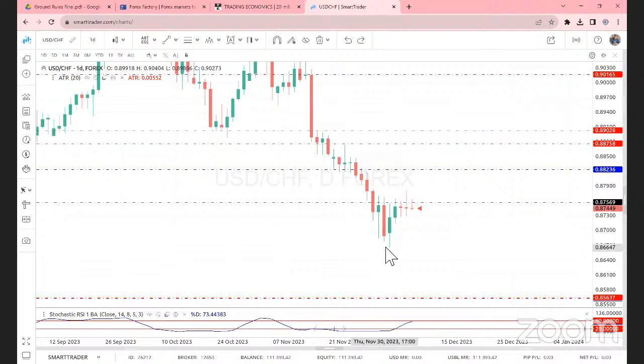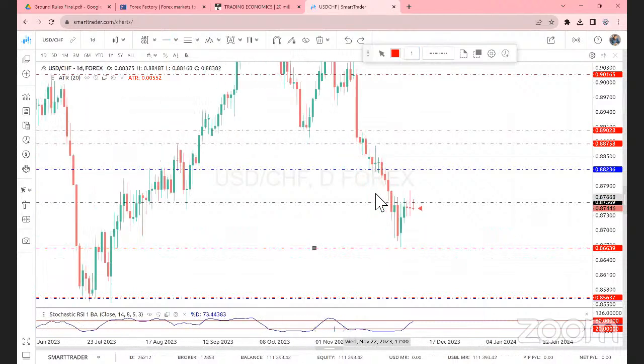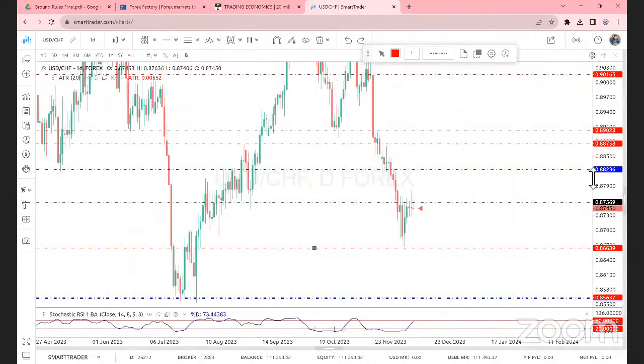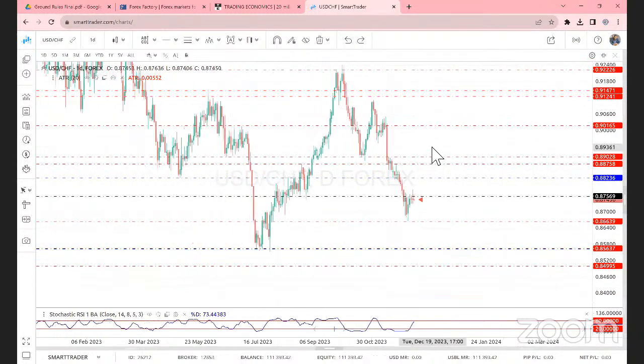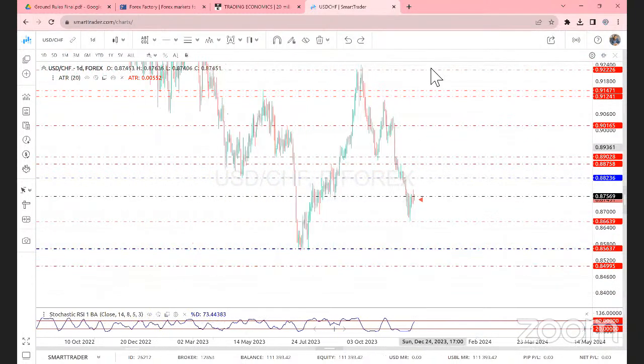Okay. Because we have a swing low here. Okay. Moving sideways ahead of the data. Price action makes sense. Bottom fell out of the DXY.